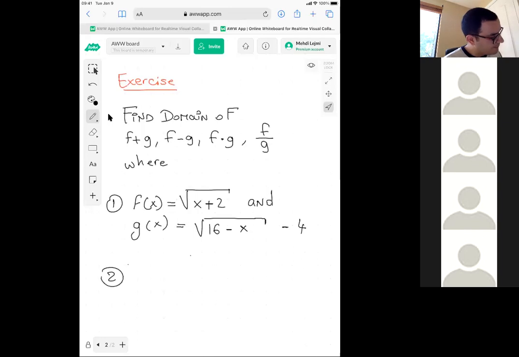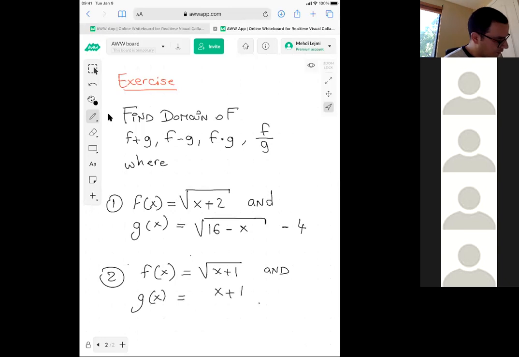Number 2, f of x is, let's say, equal to square root of x plus 1, and g of x is x plus 1 over square root of 9 minus x, and then minus 3. All right.